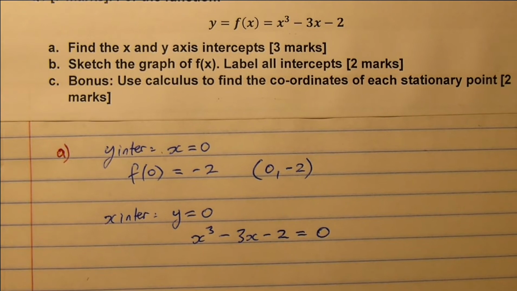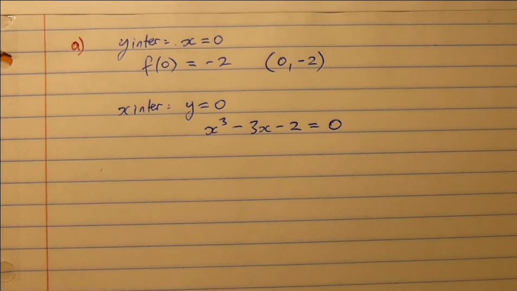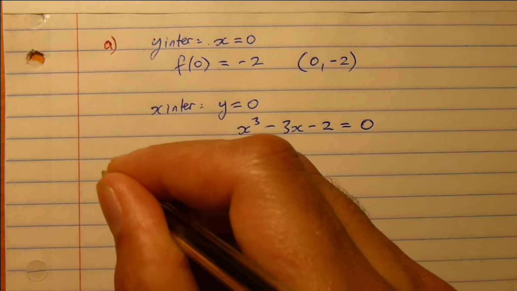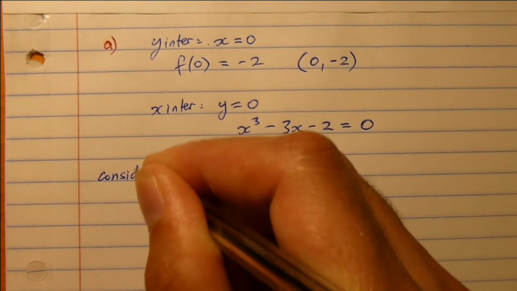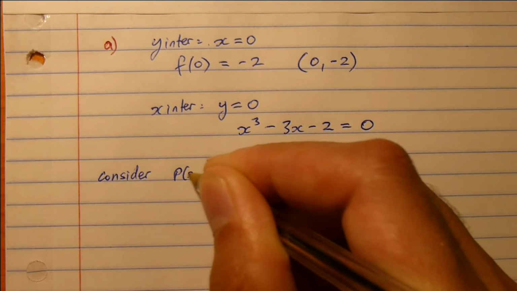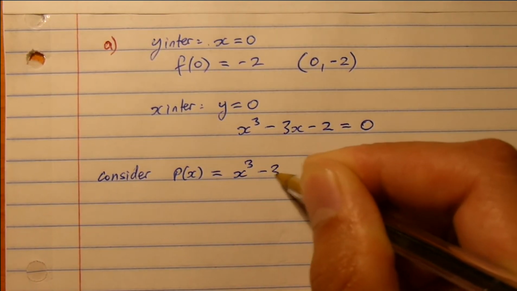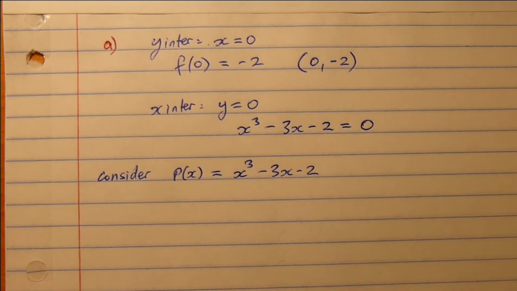Now, I can't do this directly. There's no way I can really factorize this just as it stands. So what I have to do first is the method of long division. So hopefully you've seen this for polynomials. So I'm just going to say, consider the polynomial p of x is equal to x cubed minus 3x minus 2.